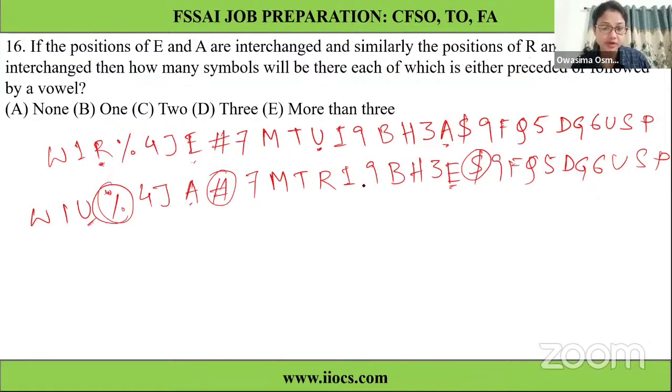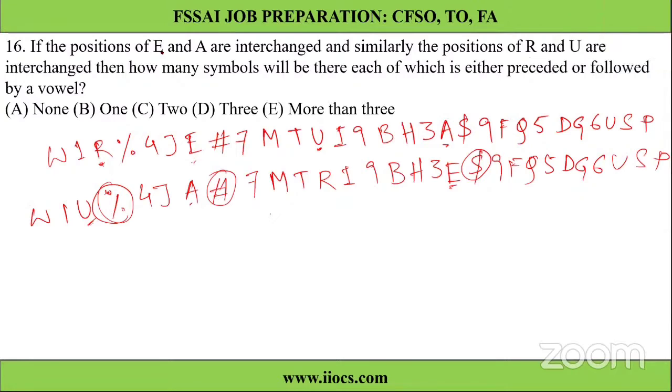And there is no other symbol present. The E hash, I think. That hash is preceded by E. Where is hash? Hash is preceded by A, because you are interchanging the positions, na?